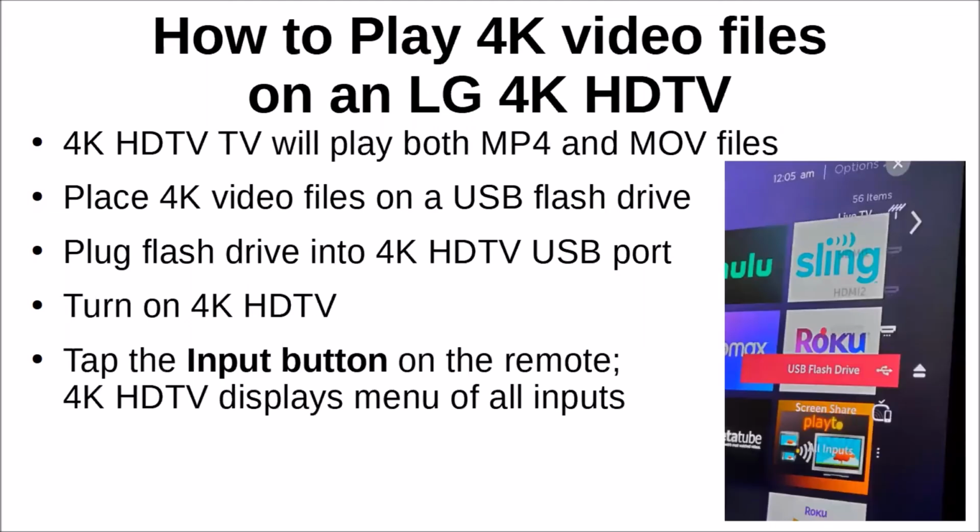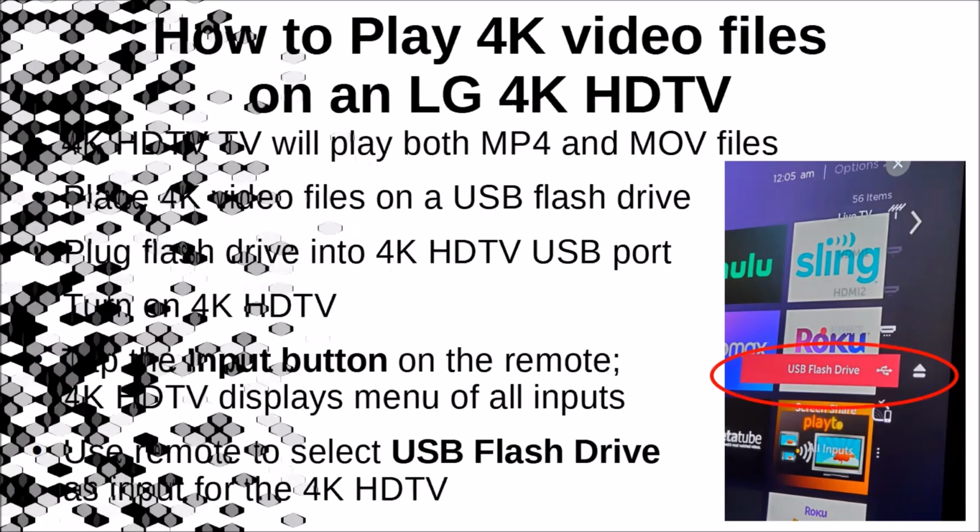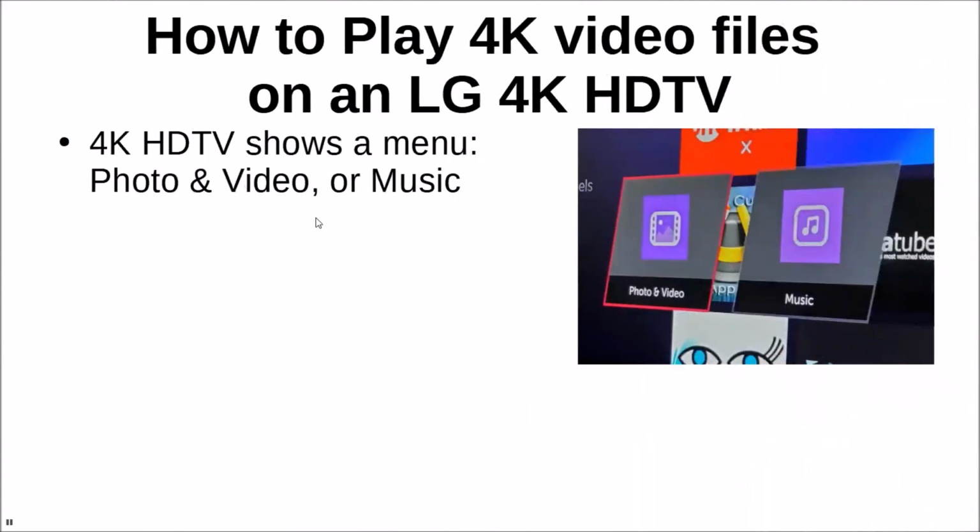Now, in mine, on the remote, I tapped the input button, and that's what allows me to choose between the live TV coming in on the antenna and the HDMI ports on the TV and the USB flash drive, which I've highlighted here in red. So I selected that one. And once I do that, then the HDTV shows a menu.